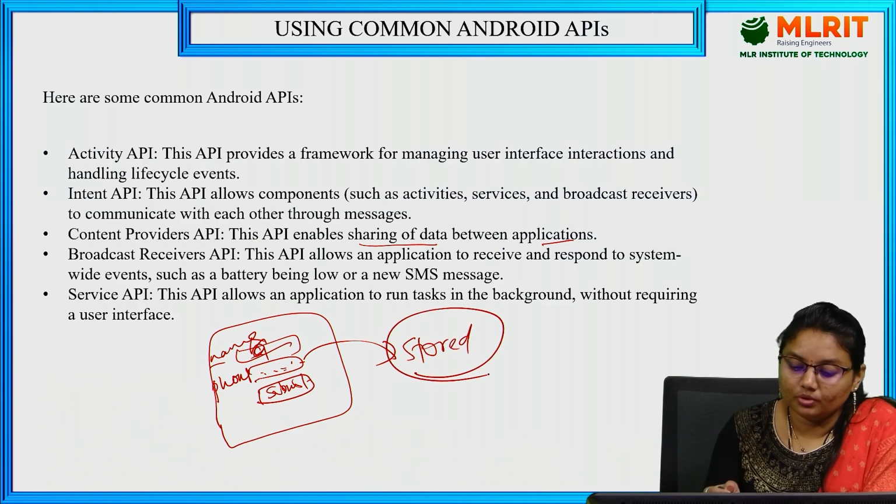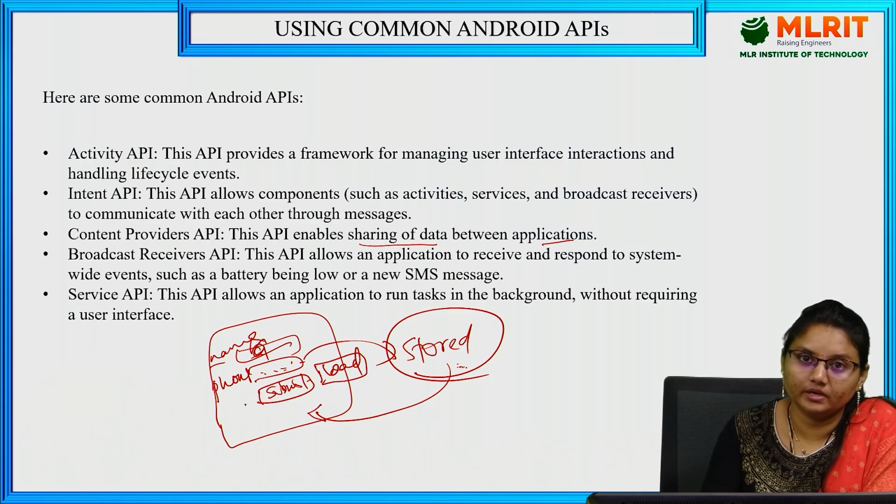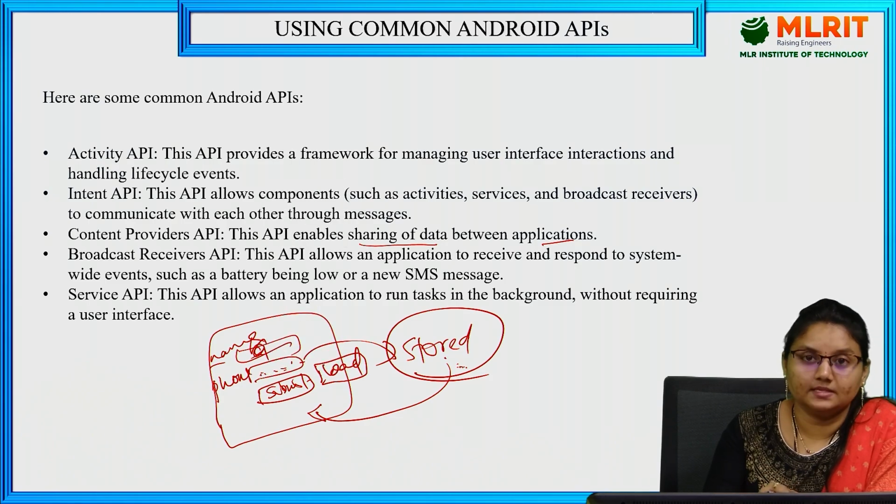Once they are stored, if you want to access or see the stored data again, you have to access them. So if you give one more button like load, then all this stored data will be loaded. That means in the same activity, whatever data the users have given is being stored and accessed. That is also a content provider.